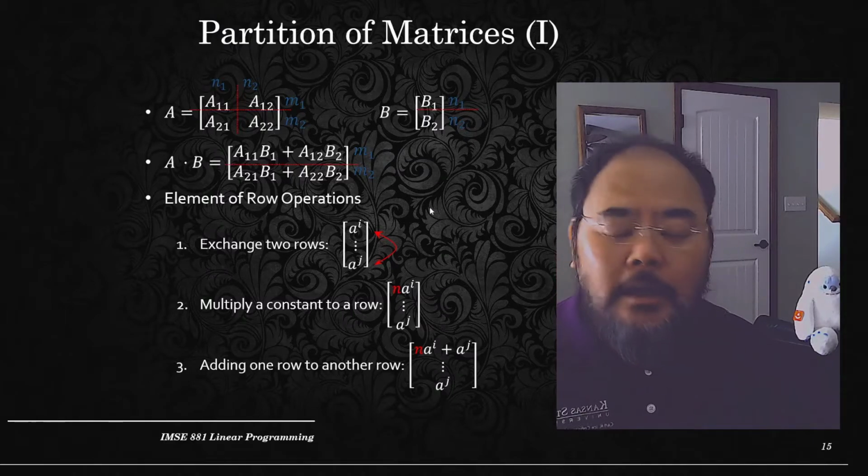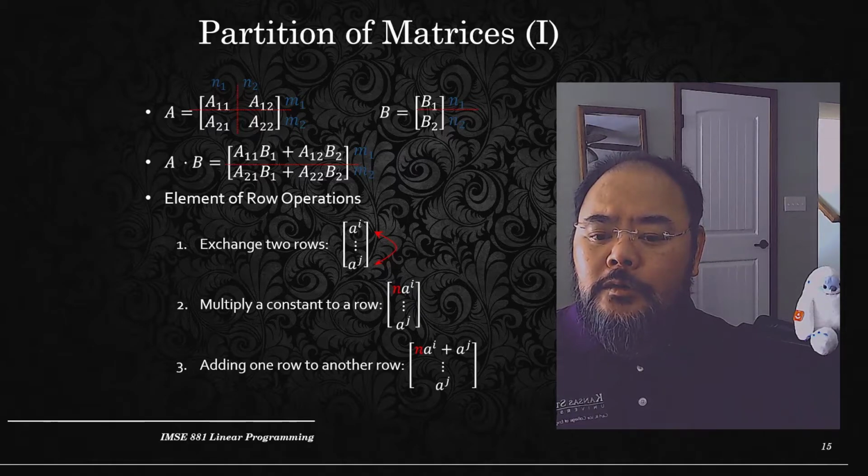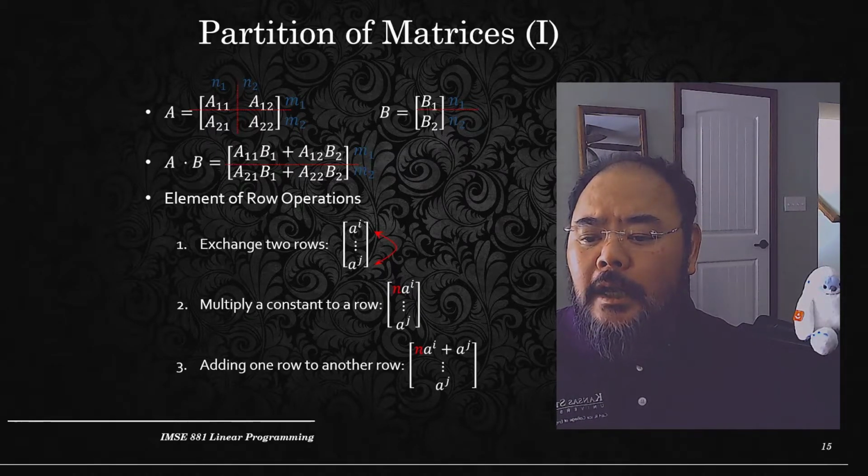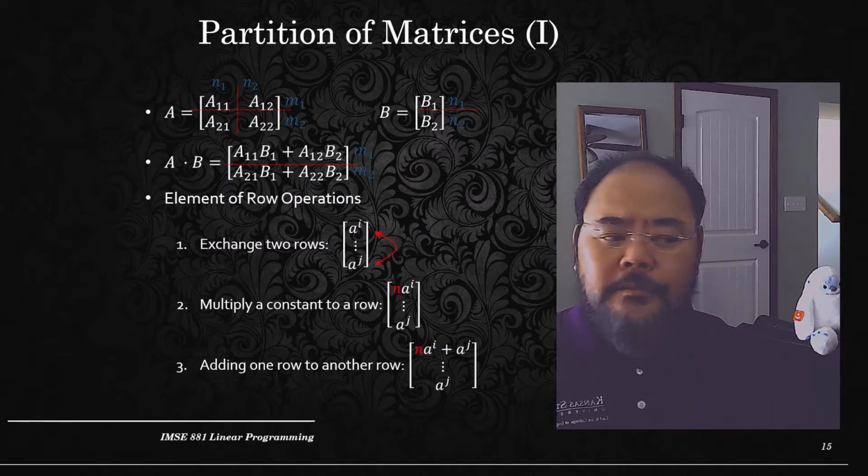In order to talk about the simplex method, we have several basic operations, which we call elementary row operations, and these are legitimate in that they do not change the solution of your linear system.